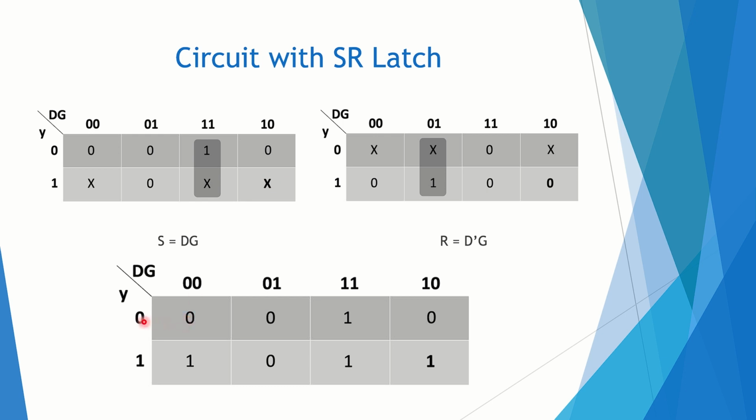Here you can see this is small y and this is capital Y. 0 to 0 transition: S is equal to 0, R is equal to X. 0 to 0, 0 0; 0 to 1, 1 0; 0 to 0, 0 x; 1 to 1, x 0; 1 to 0, 0 1; 1 to 1, x 0; 1 to 1, x 0. So you can equate S as S is equal to dg and R is equal to d bar g.